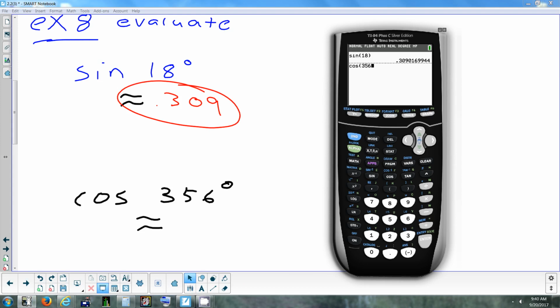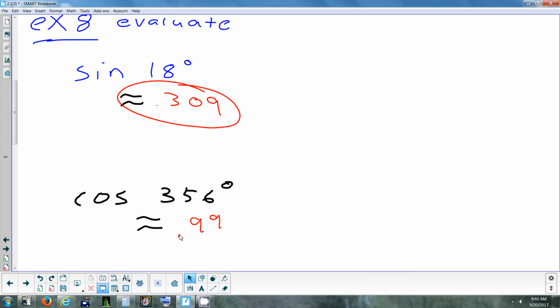And Victoria, what did you get when you typed that in? 99. And let's round it off to 3. What would you get if you round properly to 3? Yes, 0.998. So there's the cosine of 356 degrees.